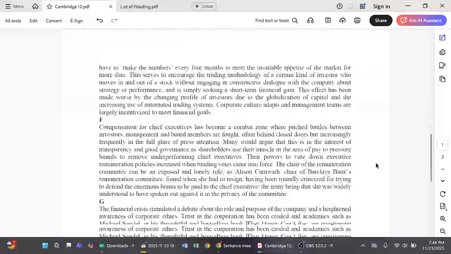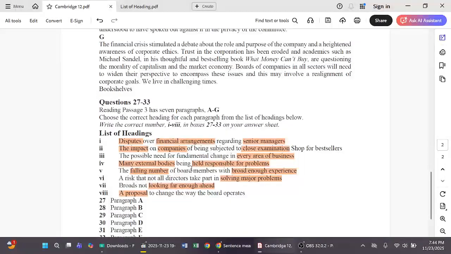So in that case, the answer is here. Disputes over financial arrangements: no, not like that, because there is nothing about disputes. The impact: not present. Then the possible need for a certain number of board members with broad enough experience: not like that. A risk that all directors: not like this. And here we just missed it: many external bodies being held responsible for problems.